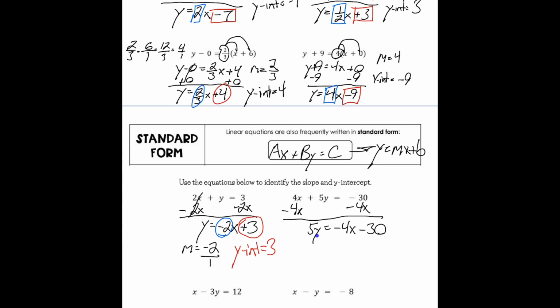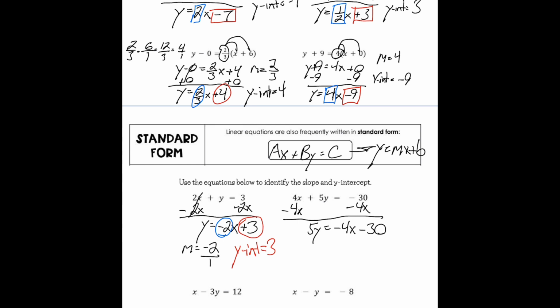Great, I want to get y by itself. It has a 5 attached to it in front. When a number and a letter are touching right next to each other, that means multiplication is happening. If I want to do opposite operations to get this variable by itself, the opposite operation of multiplication is division.